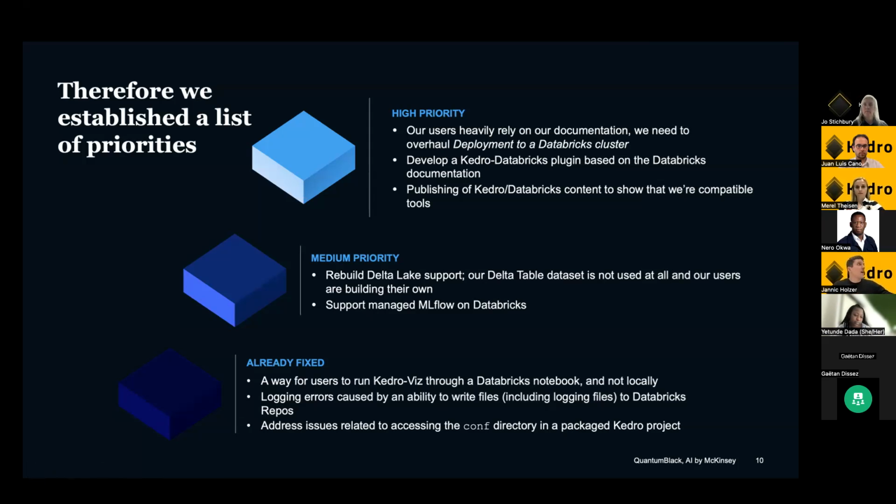So currently we have a deployment to a Databricks cluster documentation page, and that encompasses both deployment during development and deployment during production. That's difficult because for production, you have different aims than in development. In development, you want a very fast iterative cycle. And at the moment, we're catering to neither.